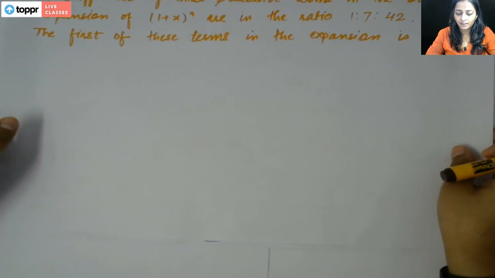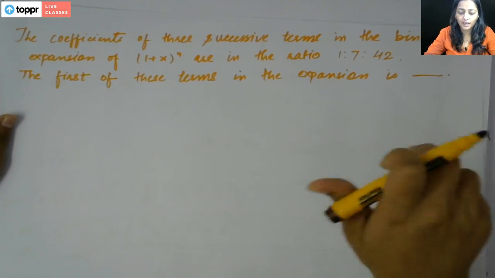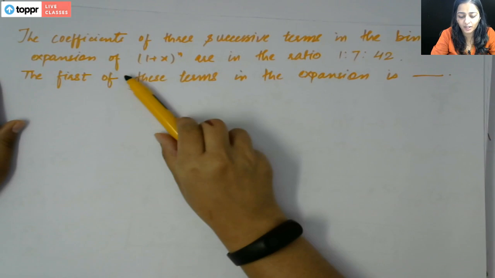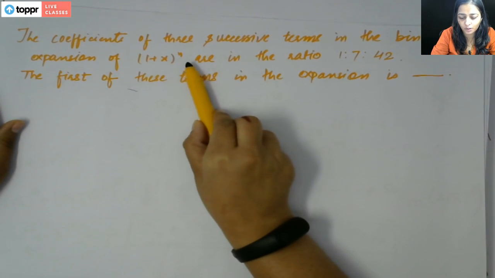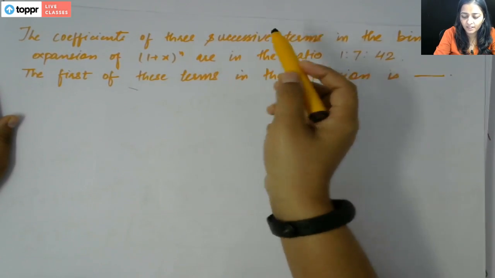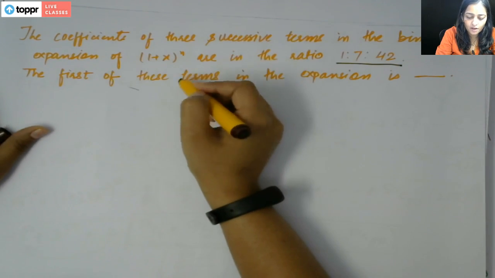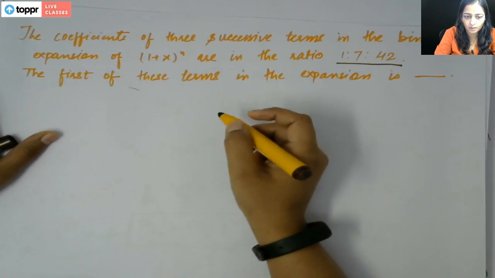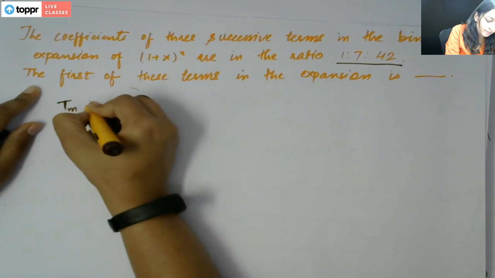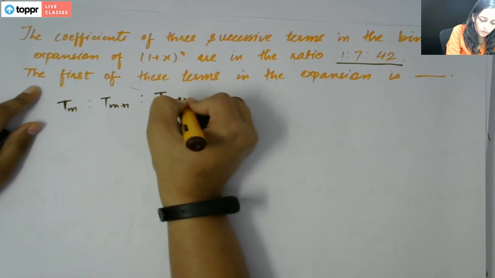Now in this question there is one trick. You have been given that the coefficients of 3 successive terms in the binomial expansion of 1 plus x raised to the power n are in the ratio 1:7:42. We have to find the first of these terms. So let's suppose you have terms Tm, Tm plus 1 and Tm plus 2.